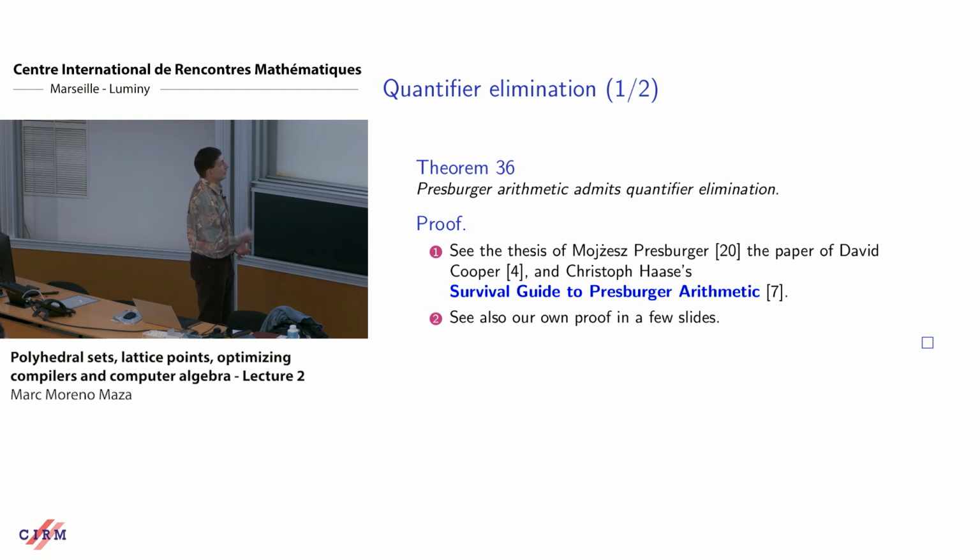There is a reference there, so it's possible to access it. A first modern proof was given by David Cooper. Again, there is a reference there. I would also recommend the famous survival guide to Presburger arithmetic by Christoph Haase. But we are also going to give here our own proof, that is, why this is true.